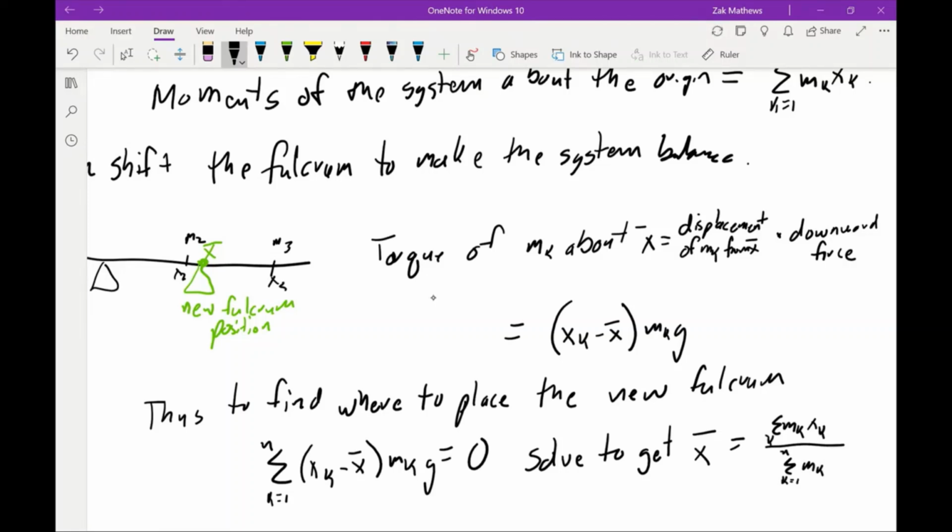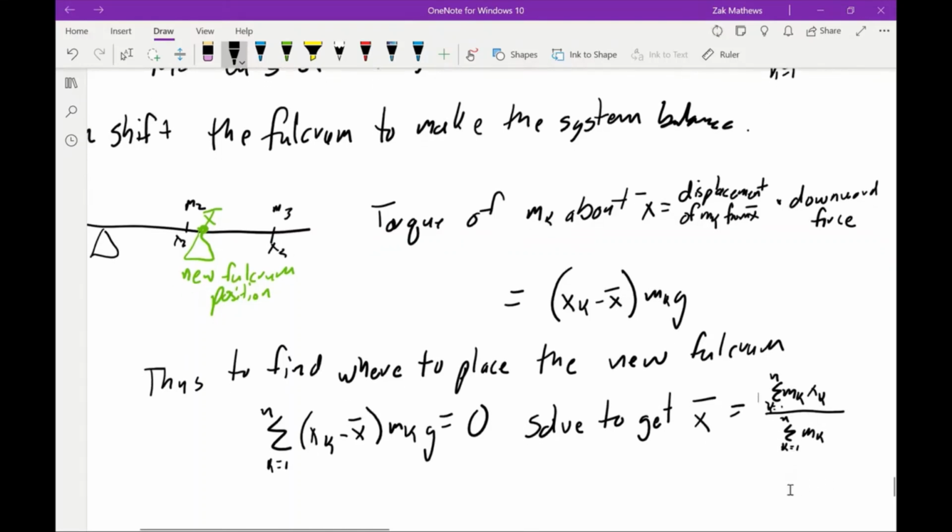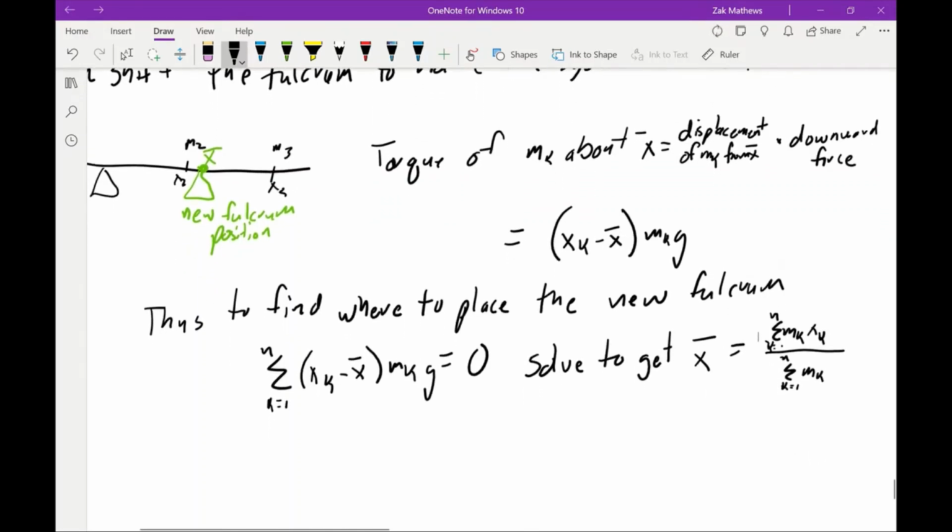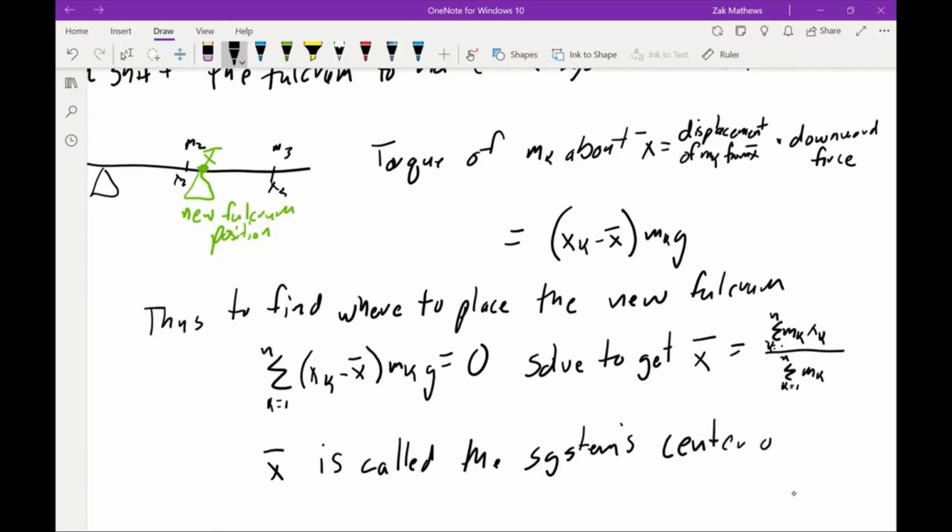Remember, these mk xk are called the moments, so we have the moment of the system over the mass of the system. And what this gives us, x bar, is called the system's center of mass.